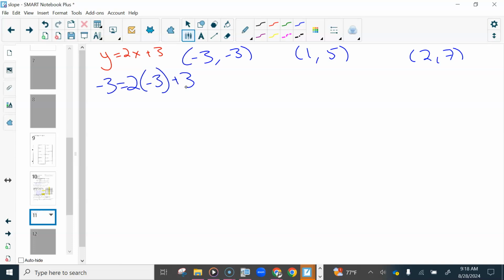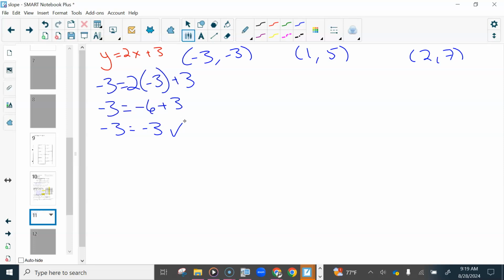And then I'm going to see, does this work? Does it make a true statement, true equation? So here we have -6. -6 plus 3 is -3. This matches. So I know this is a true statement, this is an actual point that falls on this line.